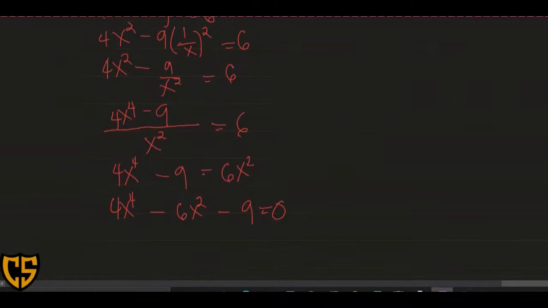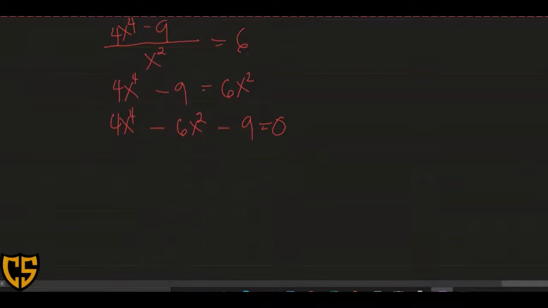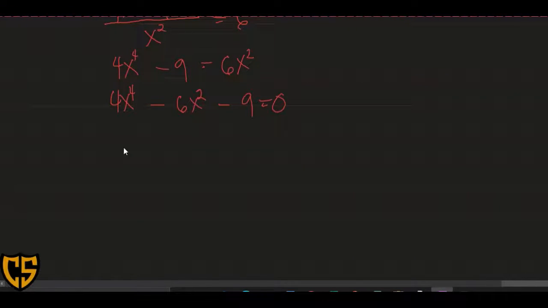Okay, simplify this into a quadratic form. We can separate this, so we have 4 times x squared squared minus 6x squared minus 9 is equal to 0.